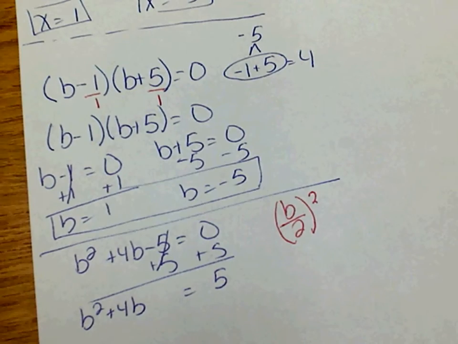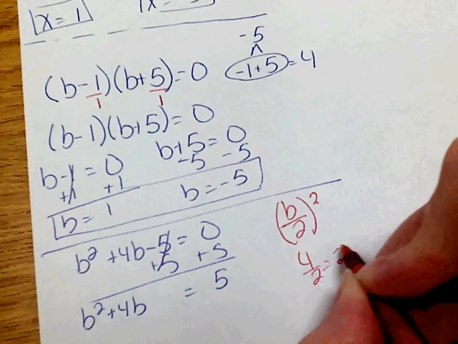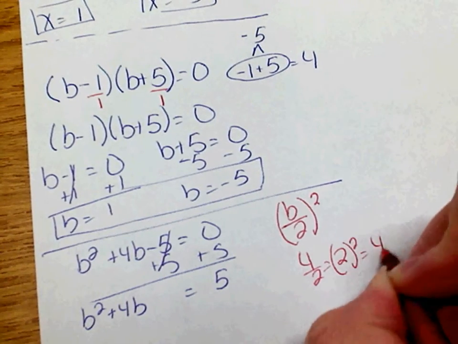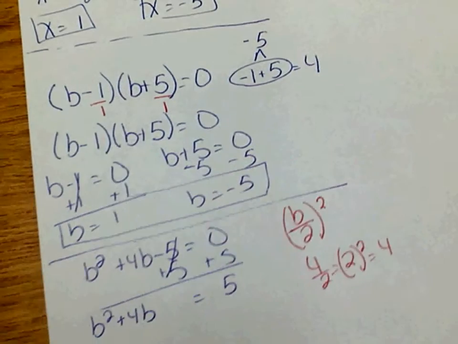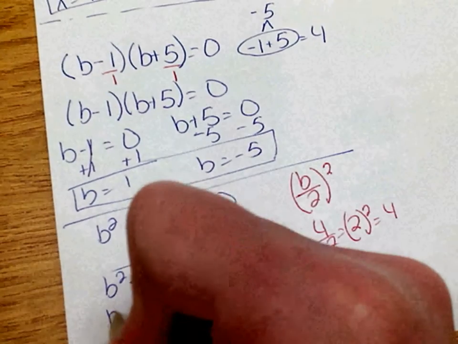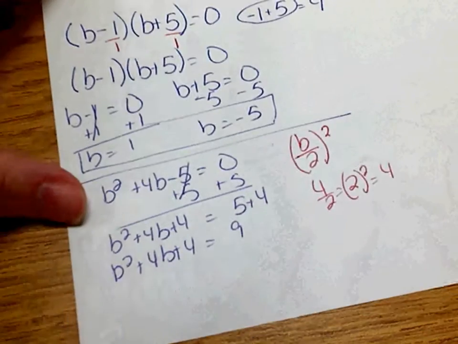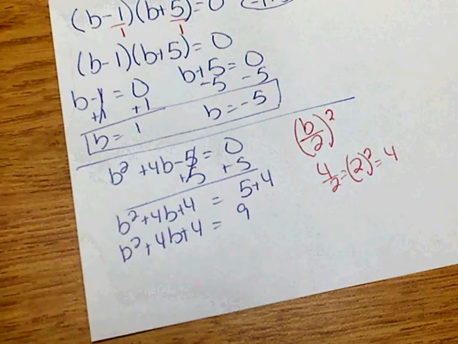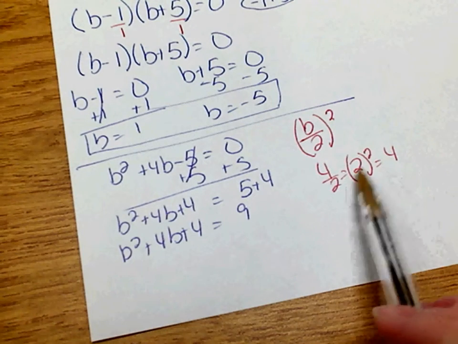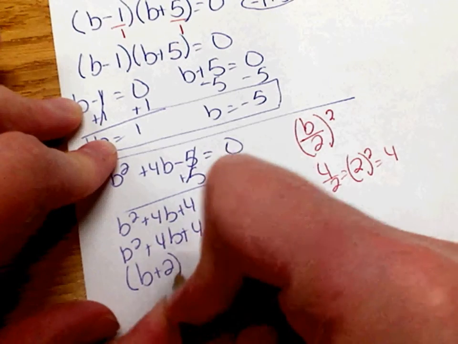So that's going to be 4 divided by 2 is 2. 2 squared is 4. So we're going to add 4 to both sides here. I'm going to rewrite it. Okay. And then we're going to say what are our factors, but remember we're always going to use this number, so I'm going to skip straight to that. So b plus 2 squared equals 9.